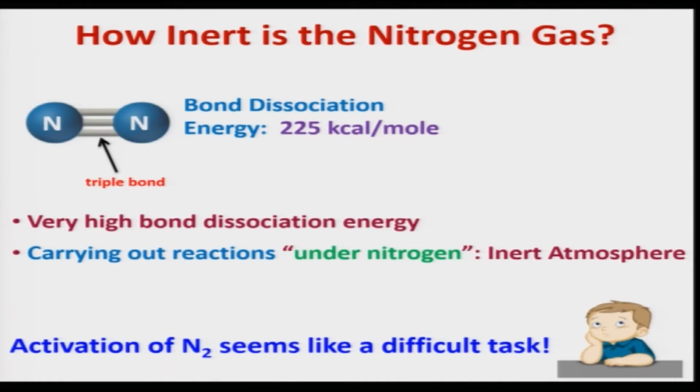Indeed, in the laboratory we carry out reactions under nitrogen, assuming that it gives an inert environment. So, it is so inert that we treat it like an inert gas. So, it looks like the activation of dinitrogen is a difficult task.